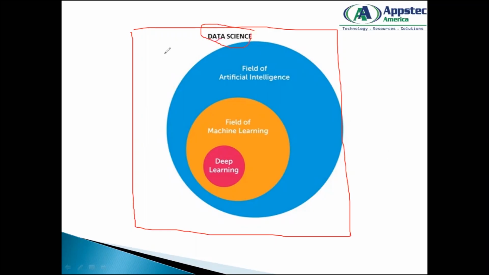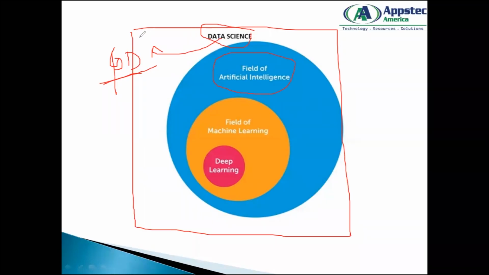Data science is the parent domain of all the data-related subdomains, inside which the field of artificial intelligence is the next subdomain.